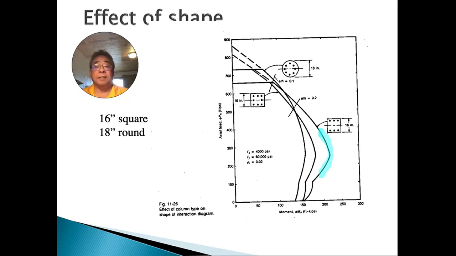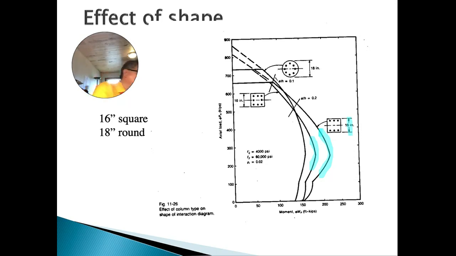Remember, the x-axis is moment. And then the one with steel on all 4 sides but square has the second most steel farthest away from the neutral axis. Okay, so what I'm talking about is this. That distance away from the neutral axis, the percentage of steel, you can see in that one, all the steel is on the 2 outer edges.